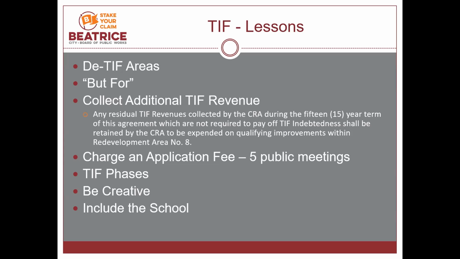And so if I had just done TIF over all of it at one time, if it took them a decade to get through all those lots, the last house built would have only had 5 years of TIF revenue coming in. And if you can give that last lot all 15 years rather than just 5, you can really change the economics on a project and make it so maybe that project now becomes viable, whereas before it wasn't.